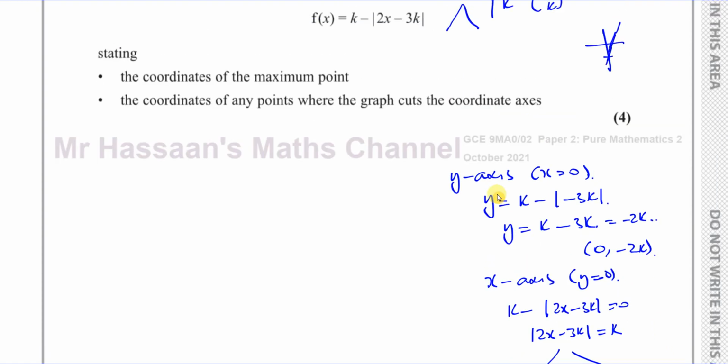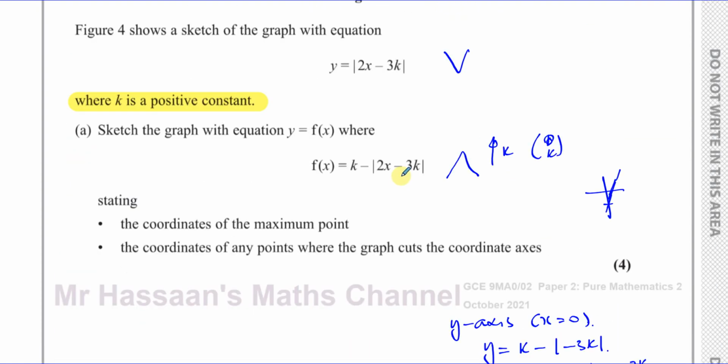And the vertex. The vertex of this is going to be given by the y-coordinate, which will be whatever's there, which is k. And the x-coordinate will be whatever makes the inside of the modulus sign 0. So when 2x minus 3k is equal to 0, then 2x is equal to 3k, so x is equal to 3k over 2.